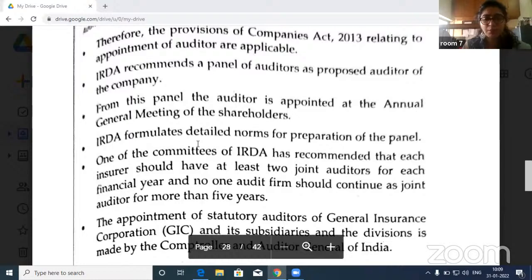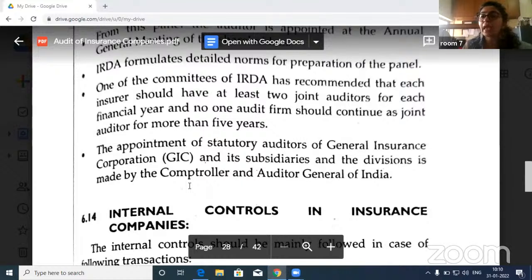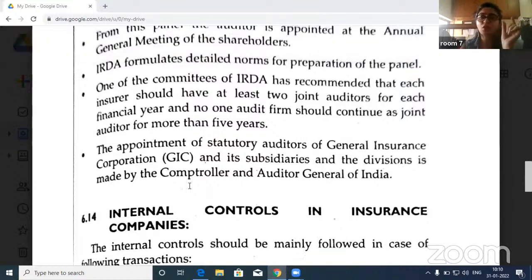Okay. Appointment of statutory auditors of General Insurance Corporation and its subsidiaries and divisions is made by CAG. What is the full form of CAG? Comptroller and Auditor General of India.